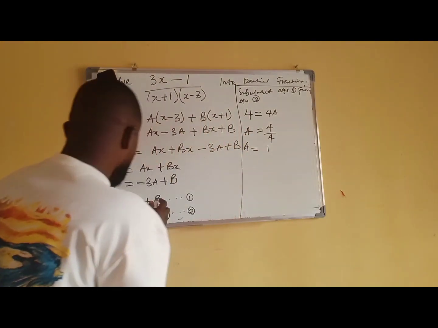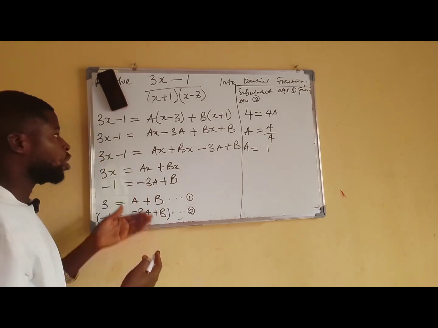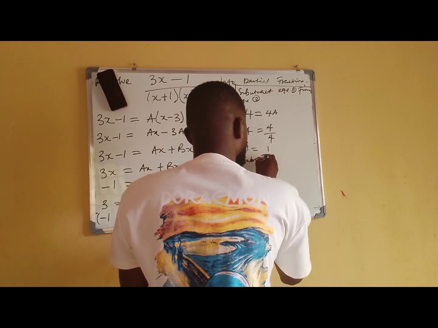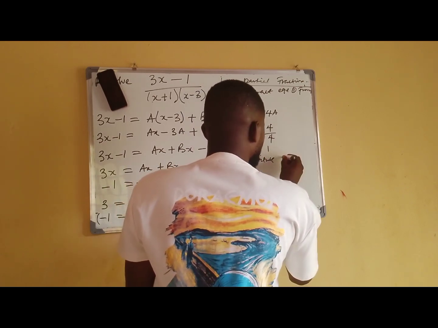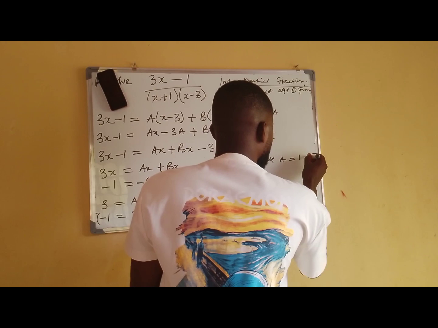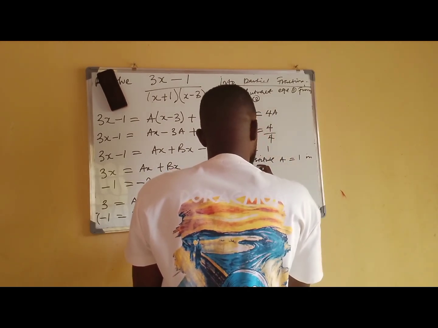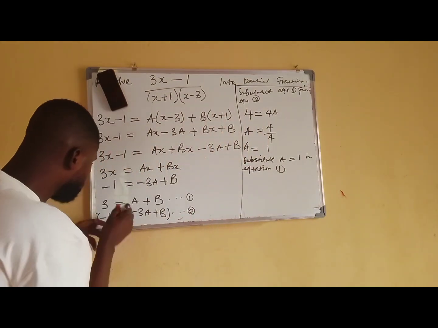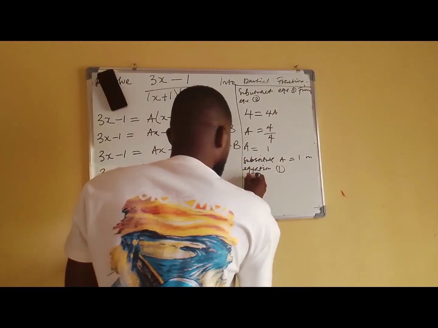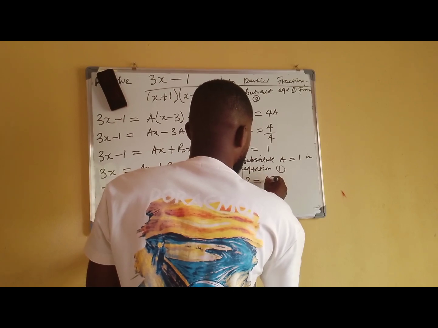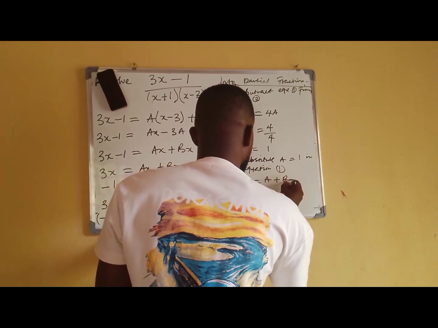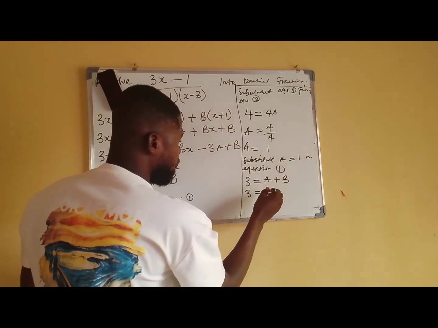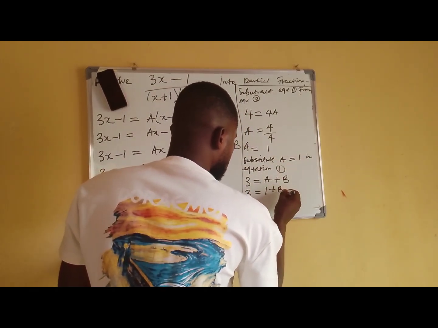Now, either in equation 1 or equation 2, you substitute a equal to 1, let's say in equation 1. Now, in equation 1 is 3 equal to a plus b. 3 will be equal to, we substitute the value of a, which is 1, plus b.